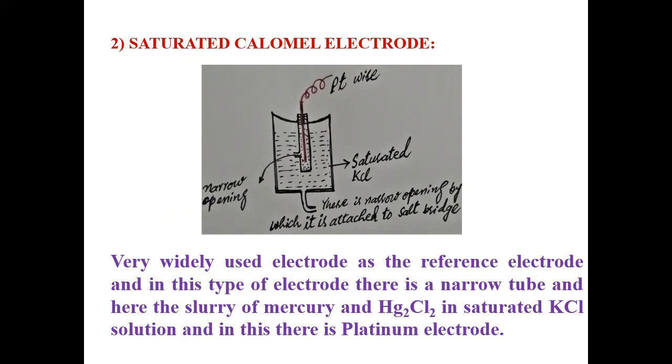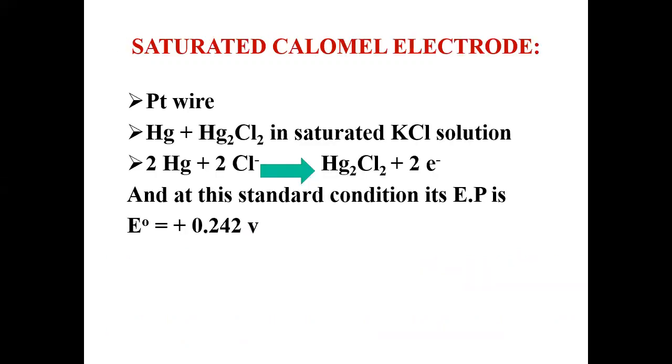In this type of electrode, there is a narrow tube, and here the slurry of mercury and mercurous chloride in the saturated KCl solution, and in this there is a platinum electrode. And at this standard condition, its electrode potential is E naught equal to plus 0.2422 volt.